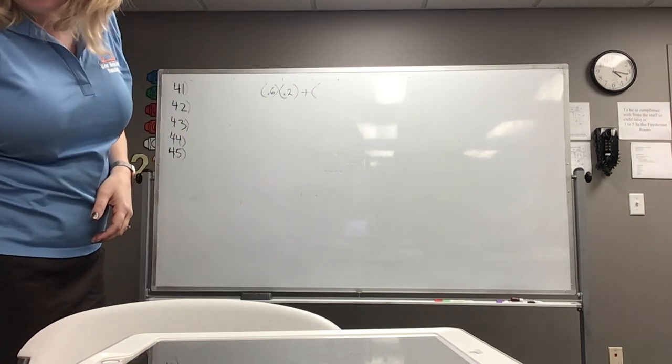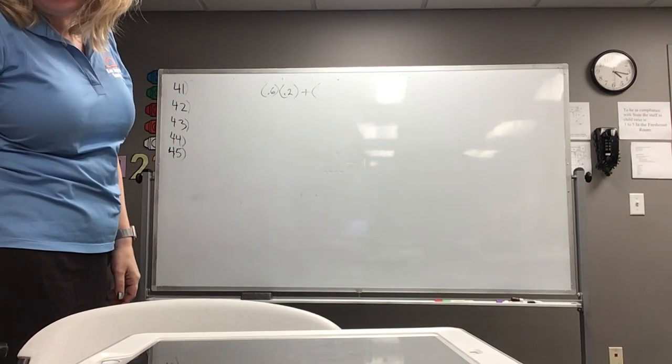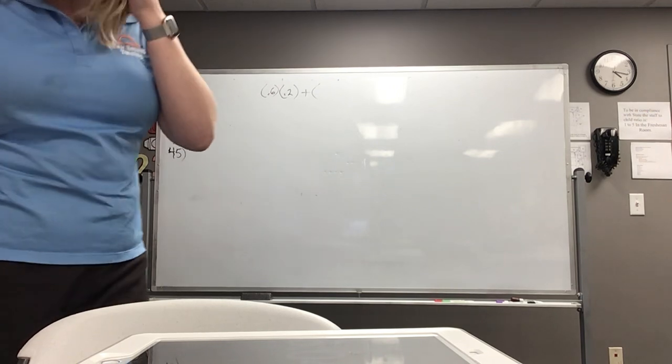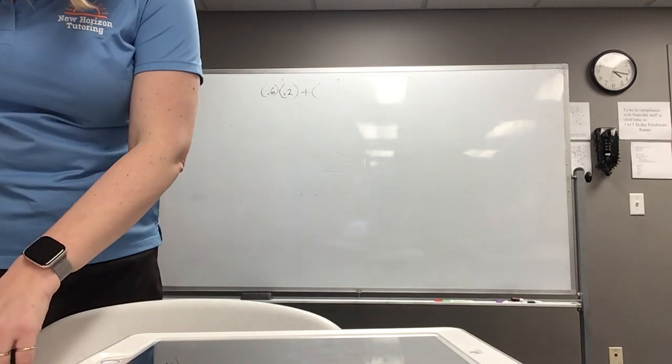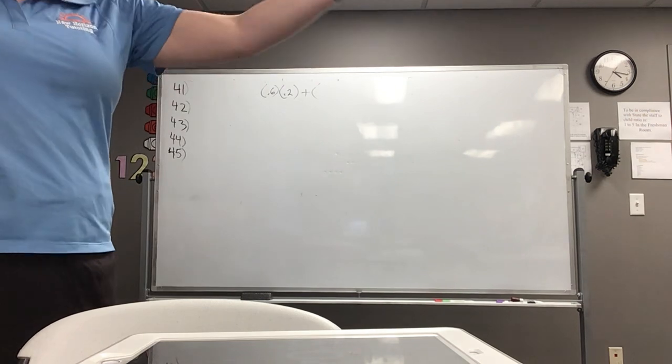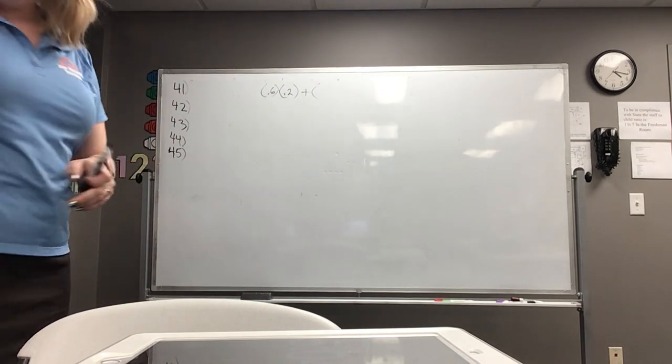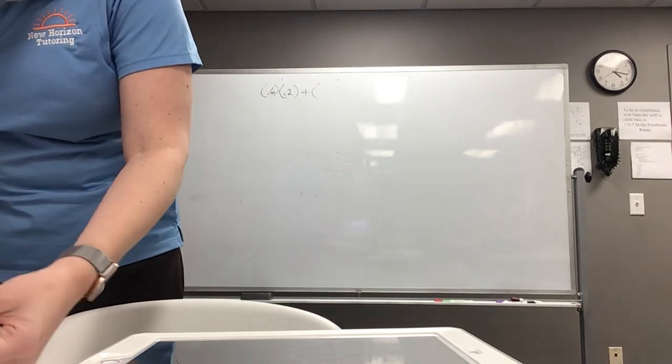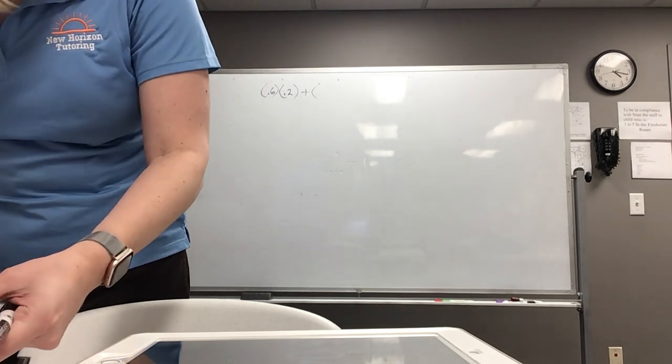And so we're going to take the 0.6 times 0.2, 0.7 times 0.4, 0.8 times 0.3, all of those together. And I want to make sure I'm saying this right. Terrified I'm going to mess it up.